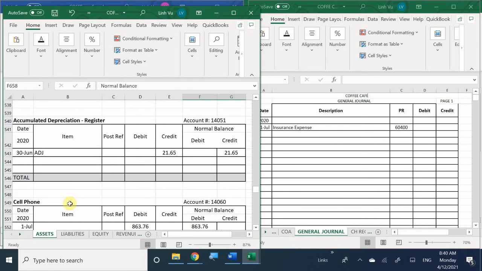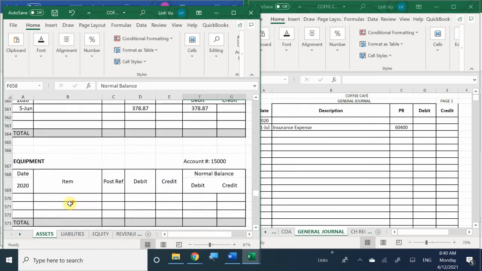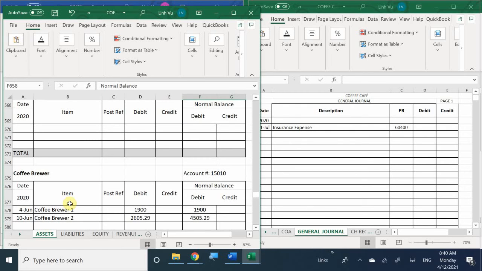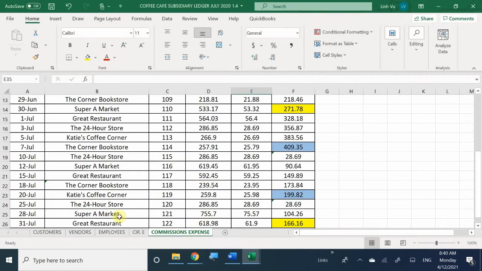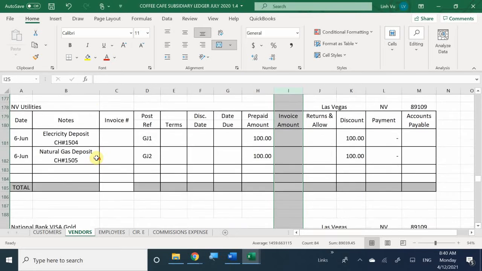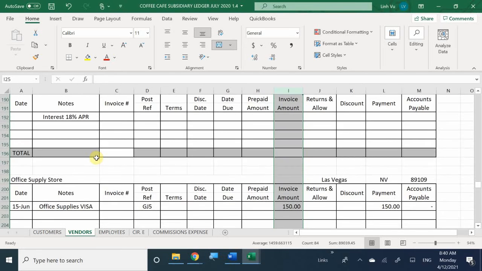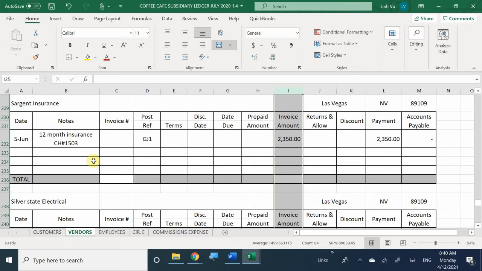Okay, there's a couple of hints that we can use here. We could check the subsidiary ledger to see how much we purchased the insurance for. Or second, we can check our assets, because we own a part of insurance, correct? But where do we place that? Let's go to my subsidiary first, go to my vendors. Who did I purchase this from? Sargent Insurance.